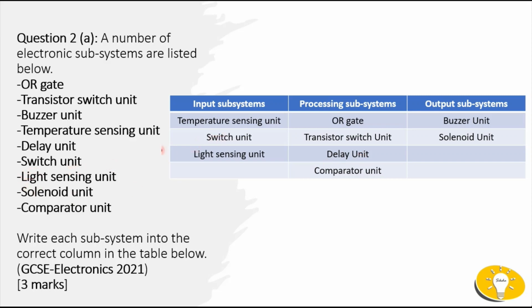The buzzer unit is an output subsystem. The temperature sensing unit is an input subsystem. The delay unit is again a processing subsystem. The switch unit is an input subsystem. The light sensing unit is an input which senses light. The solenoid unit is an output unit. The comparator unit is a processing subsystem.